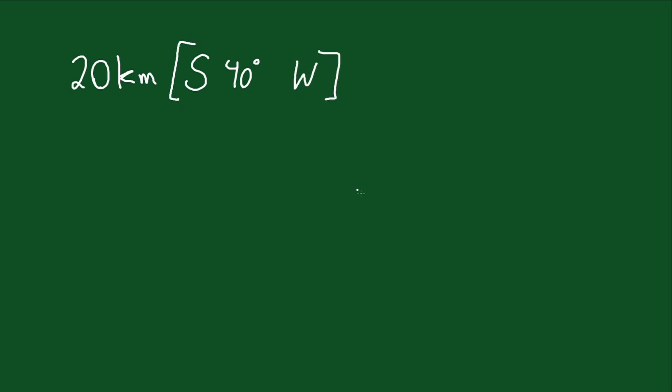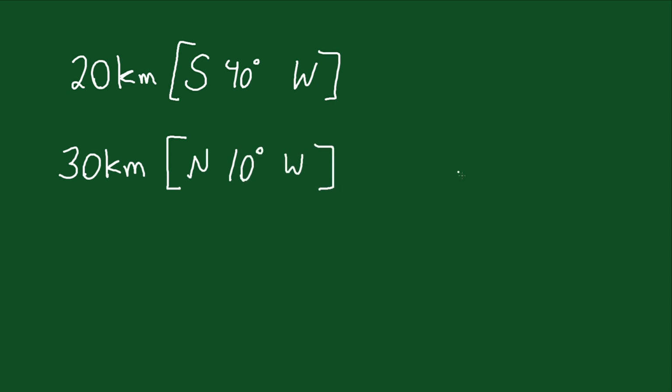That's the direction you're sailing in. And then you make a turn, and all of a sudden, you start sailing for 30 kilometers in the direction north 10 degrees west. The question will be, what is your displacement? Where are you relative to where you began? That is the question.